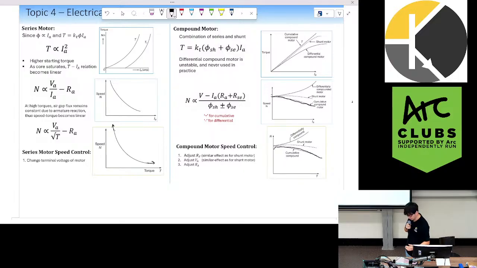And at low speeds we have a pretty high starting torque as well, which was a downside of shunt motors. So with compound, we get the best of both worlds. Just to comment again, differential, looking at these three graphs, is worse than a shunt motor in every single way, so we don't use differential. Cumulative is the way to go.